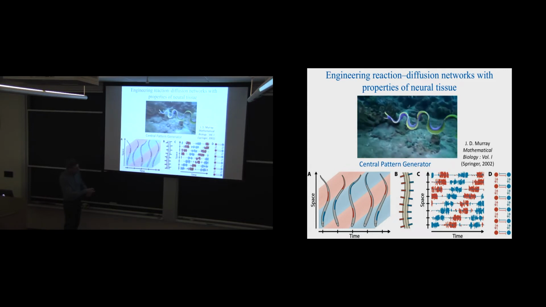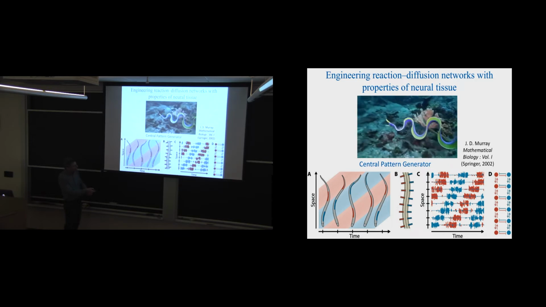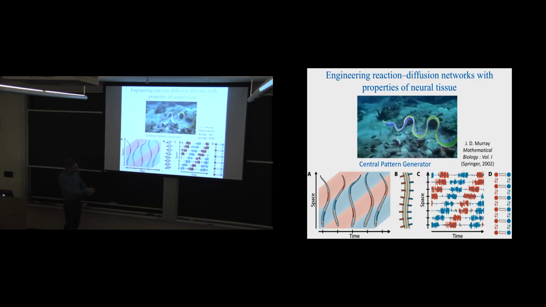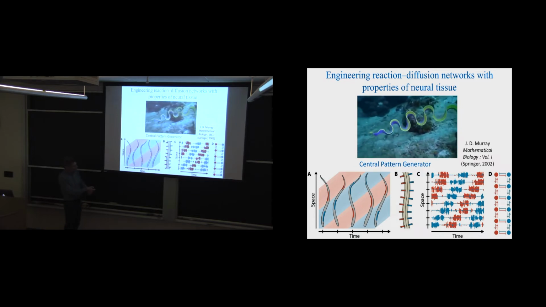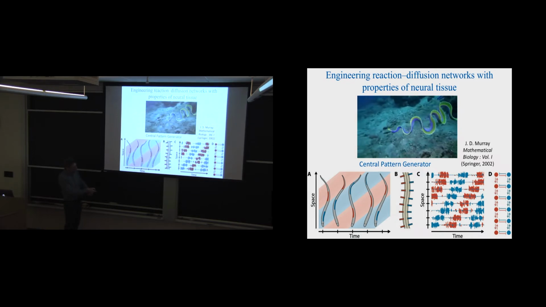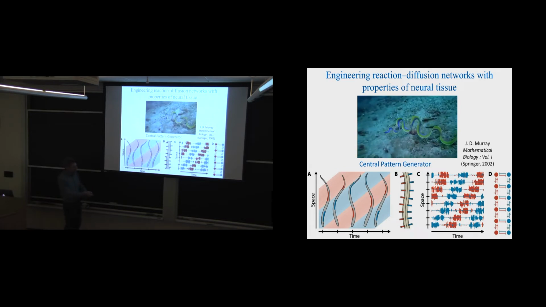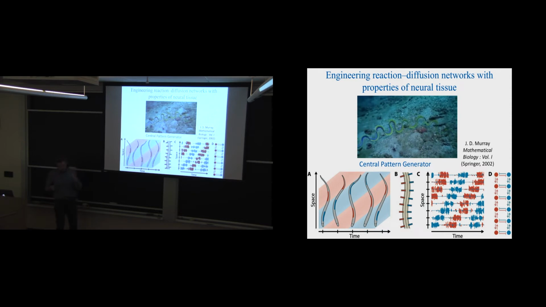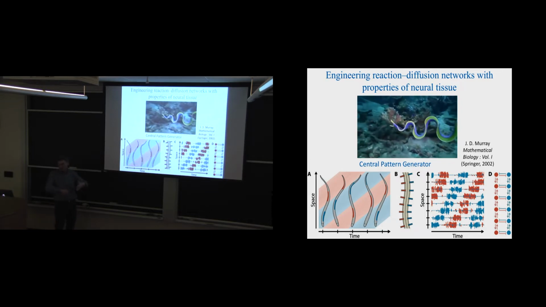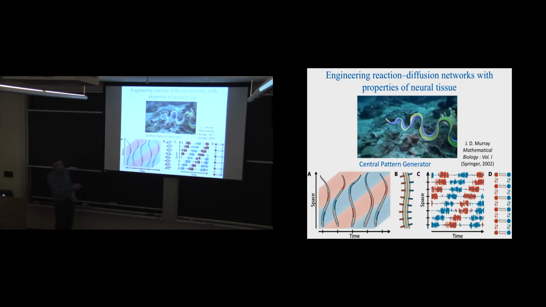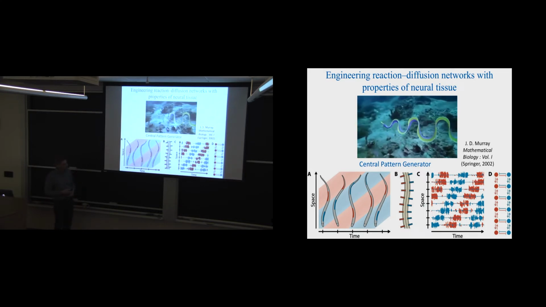As you go from head to tail, you see a wave of electrical activity down the right side, and then a wave of electrical activity down the left side. So the view is that the neural tissue generates the spatial temporal pattern of electrical activity, which innervates the musculature and causes this marvelous motion.